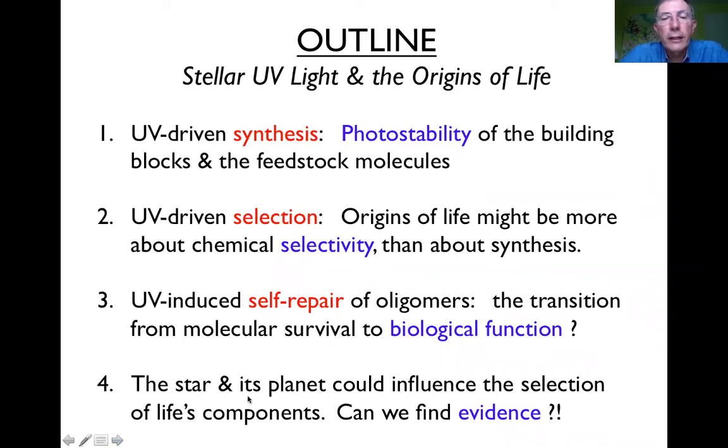And finally, the star and its planet, because UVC light plays so many different roles, influence the selection of which components would be there for life to originate from. If that is indeed the case, then as astronomers or physicists, we can say, well, wait a minute, if that's true, then we should be able to find evidence for that selectivity or for that selection. And this is, in fact, the big project which I'm pressing on with right now.